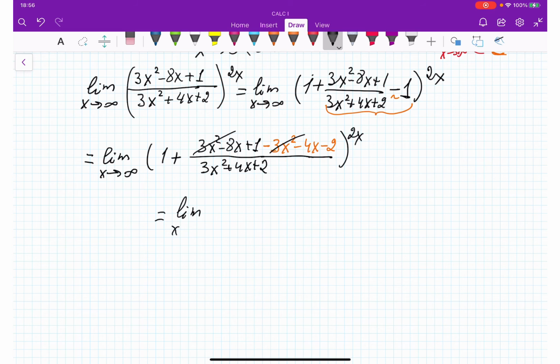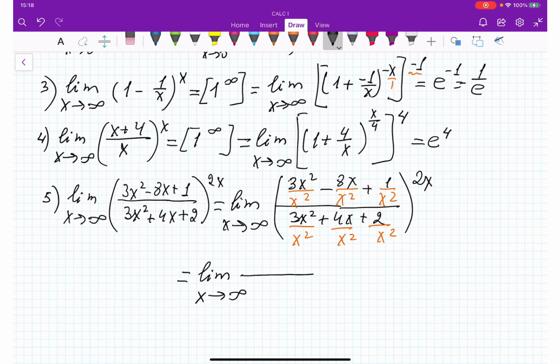limit as x approaches infinity, 3 minus 0, right? Because x squared here is gone. Here the square is gone with this x. 8 over infinity is 0. And also plus 0.